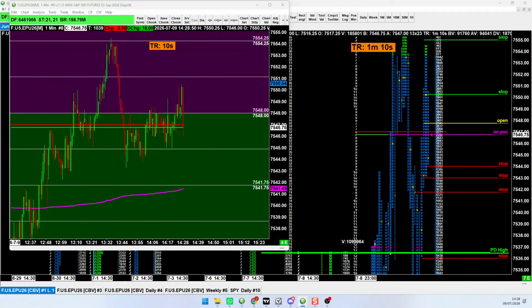So if we're doing the look above and fail of 48, say you're putting some sell orders in here under 48, and say you're short 47 right now. There's going to be buyers around 44.